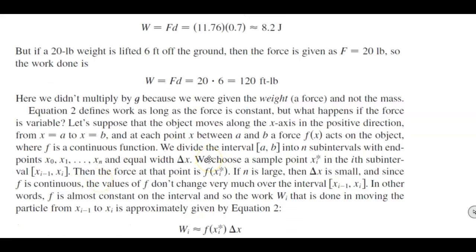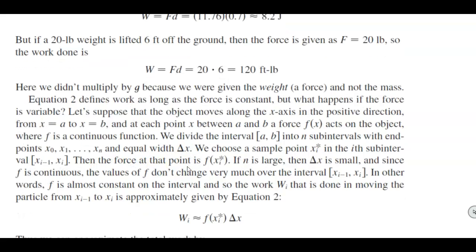Now we divide the interval from a to b into n subintervals with endpoints x subscript 0 all the way to x subscript n, and equal width delta x. We choose a sample point in the ith subinterval, and the force at that point is f of that value. If n is large, then delta x is small, and since f is continuous, the values of f don't change very much over the interval.